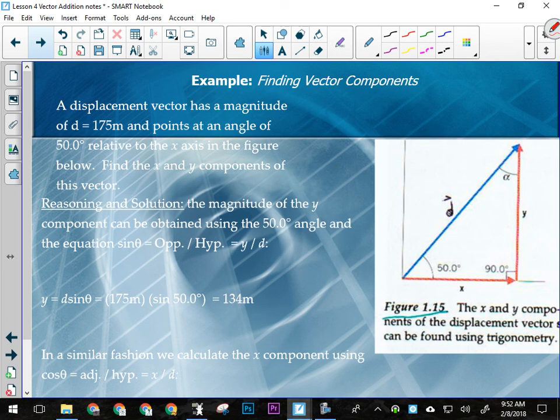So to find x, knowing that this side here is 175 meters and this angle is 50 degrees, I'll find x by going cos of 50 degrees times the hypotenuse, which was 175. That will give me x because it is the adjacent side. Okay, and y is the opposite side, so I'm going to go sine of 50 degrees times the hypotenuse, 175.